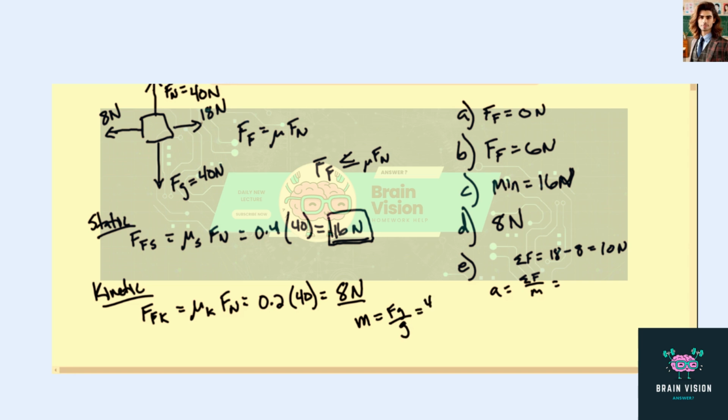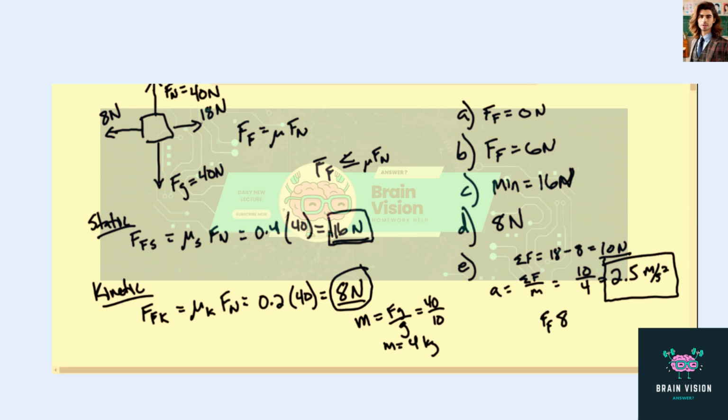The mass would be 40 divided by, I'm just going to use 10 instead of 9.8, so the mass is 4 kilograms. We already said the net force was 10 newtons. So 10 newtons divided by the mass of 4 kilograms gives you 2.5 meters per second squared. That's your acceleration. And then what's the frictional force? Well, the frictional force is still the kinetic frictional force, so it's 8 newtons.